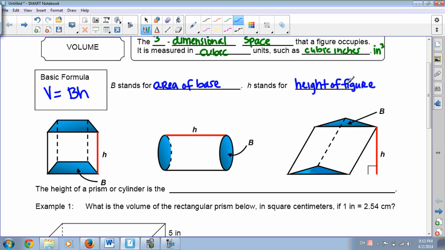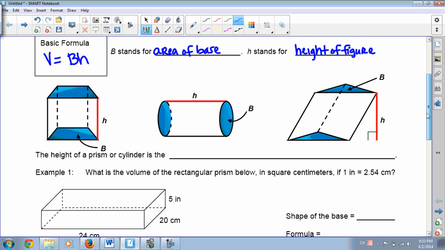Okay? So this first shape here in the bottom left is a cube or a rectangular prism of some sort. Here, the big B is pointing to the area of the base, which could be either a square or rectangle, and the H shows the height. Since this is a rectangle, obviously the area of the base would be length times width.